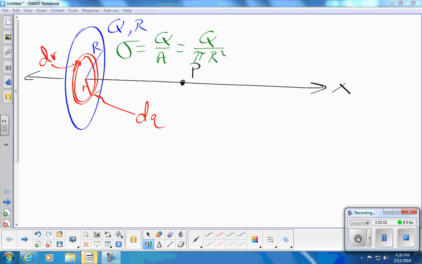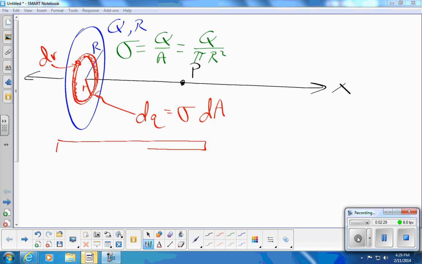The amount of charge on one of these individual rings is equal to the area charge density times the area of that ring. And the area of the ring is how much paint I would need to color this in. All right, so how much area does the ring have? Well, the ring, as we know, is a rectangle, because if you cut it, you can straighten it out.